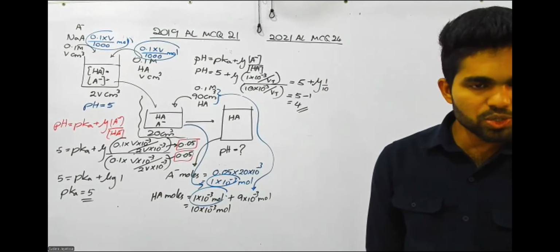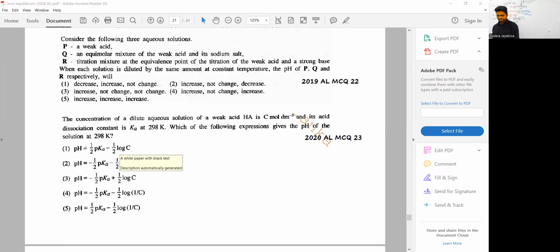It is from the 2020 A-level paper. So it says, weak acid HA has concentration C and its acid dissociation constant is Ka. Which of the following expressions gives pH? That's what they asked. So it's a simple conversion of this particular expression. 2020 MCQ.